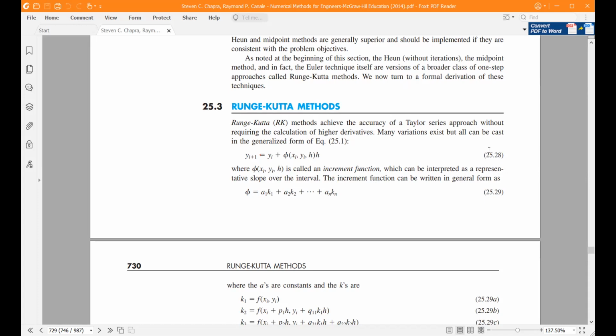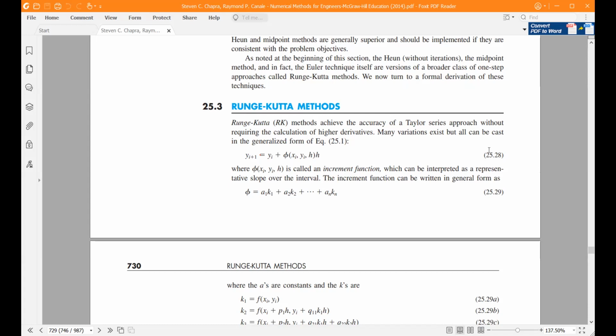Your slope, phi, which is generally called the increment function, will be a function of x, y, and the step size. The way we calculate this increment function is the main thing, and the different methods depend on the way it is calculated.